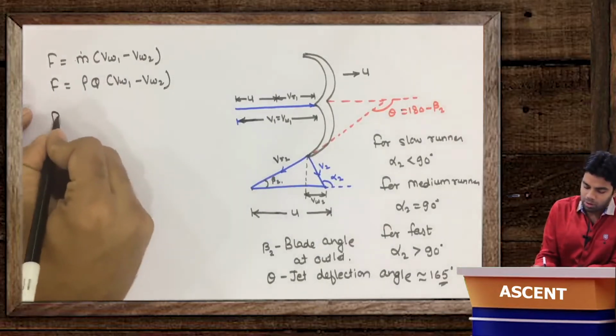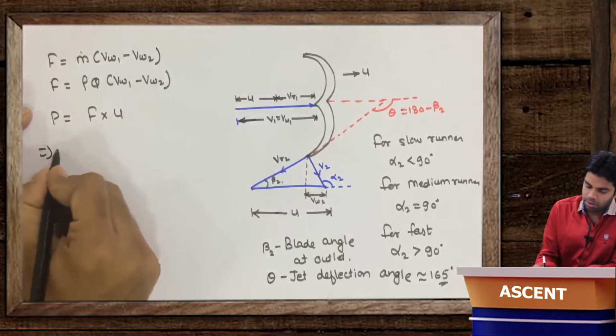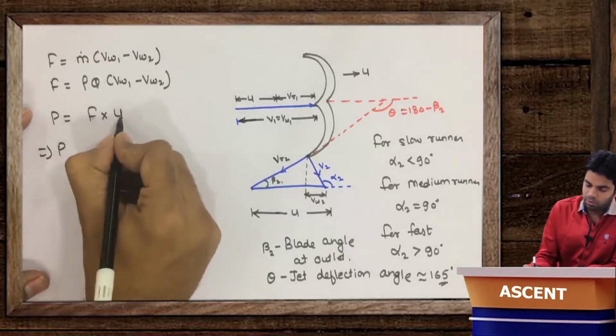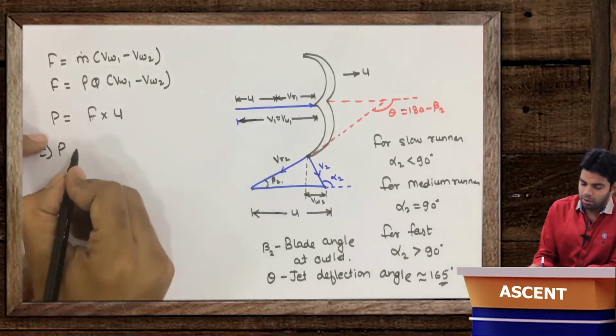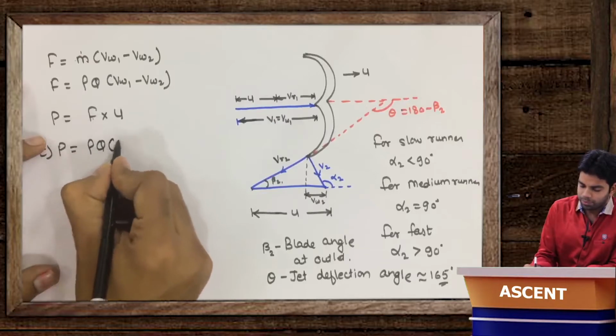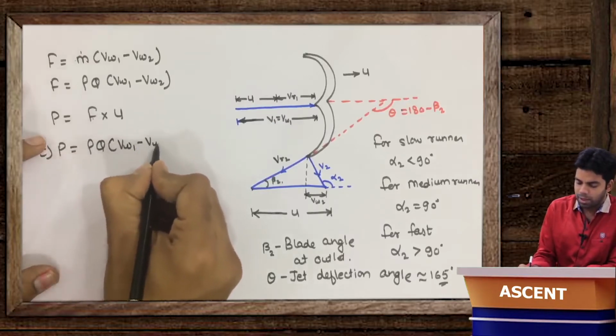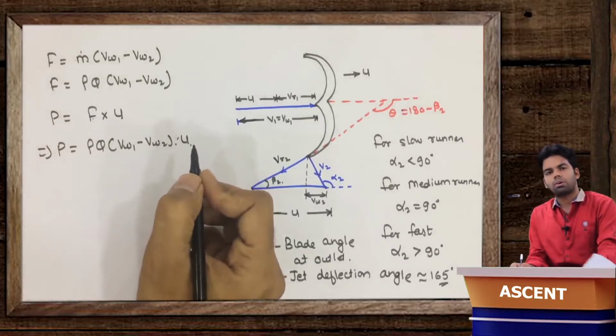Now what will be power? So power developed is nothing but f into u, whatever velocity it is moving. So power developed P will be equal to f, which is rho q (vw1 minus vw2) into u. Getting this now? Okay, this will be power developed.